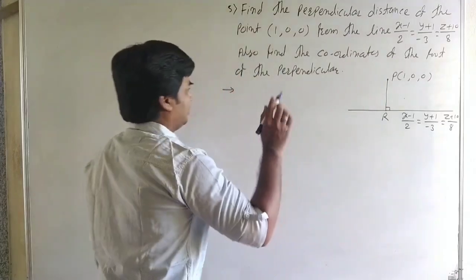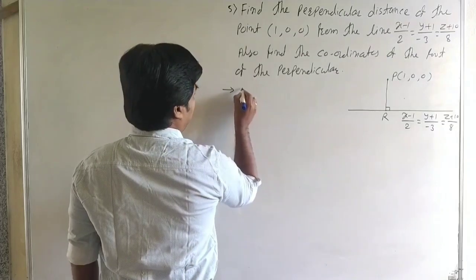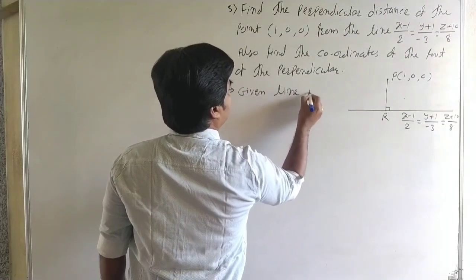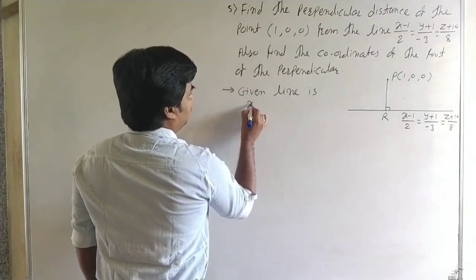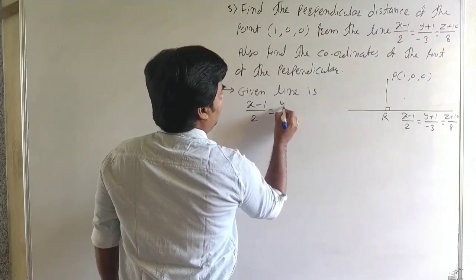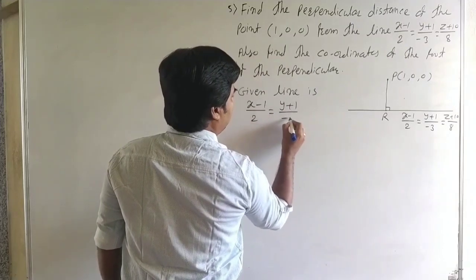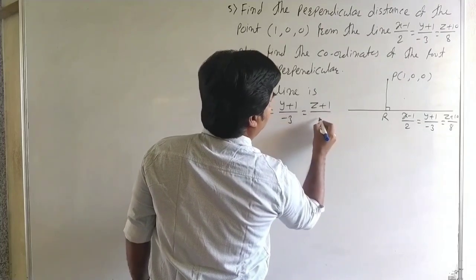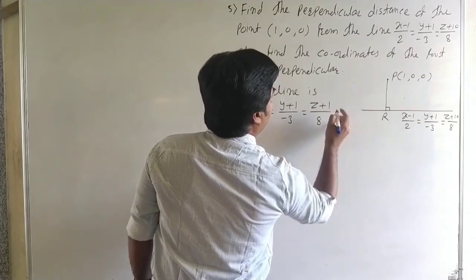See carefully. The given line is (x minus 1) upon 2 is equal to (y plus 1) upon minus 3 is equal to (z plus 1) upon 8, suppose equal to lambda.